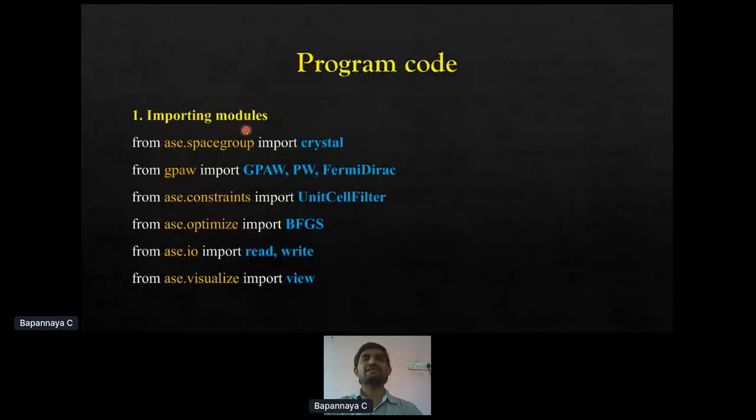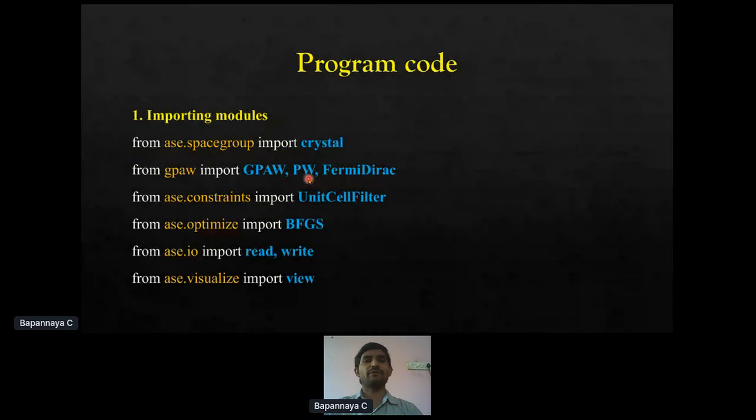The program code consists of first importing all the modules necessary for the computation. My first module to import is crystal, and it comes from the ASE package, space group subpackage. So from ase.spacegroup, import crystal, and then we have to import the calculator and the subsequent modules such as GPAW, PW.